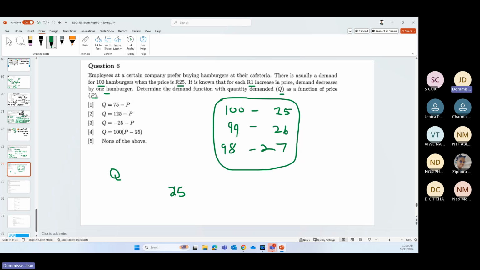This is quite an interesting one. I am actually going to use a bit of AI on this one and see if we can get to the answer, because my answer is none of the above.